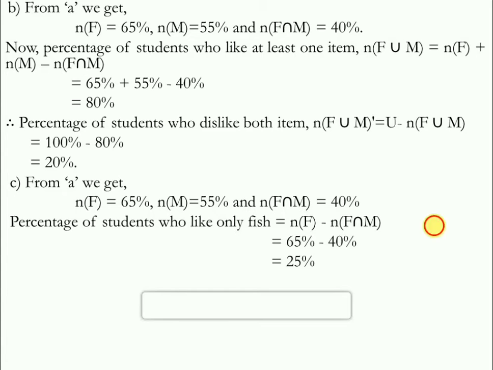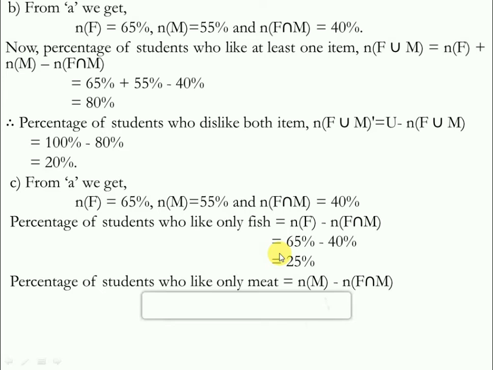If we subtract that, we get 25%. That means 25% of students like only fish. Similarly, if we find who like only meat, that is 55% minus 40%, we have 15%. So 25% of students like only fish, and 15% like only meat.